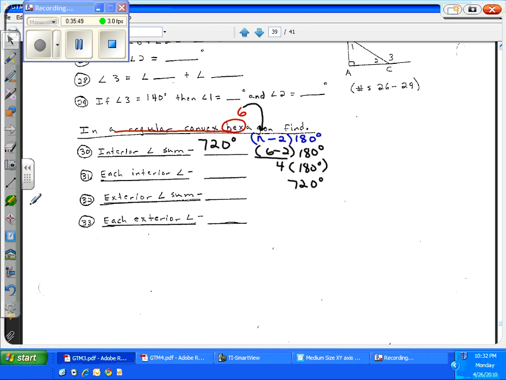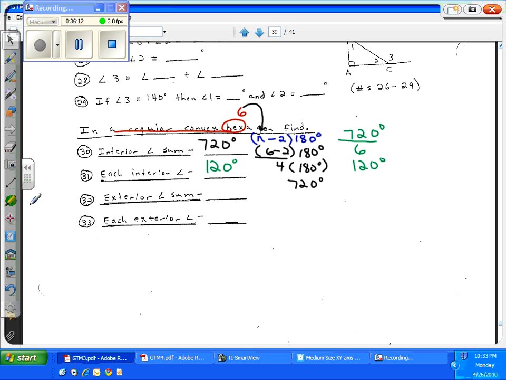Now, if we wanted each interior angle, we would take that interior angle sum, 720, divided by the number of them, 6, and we would see that each interior angle of a regular convex hexagon is 120 degrees.